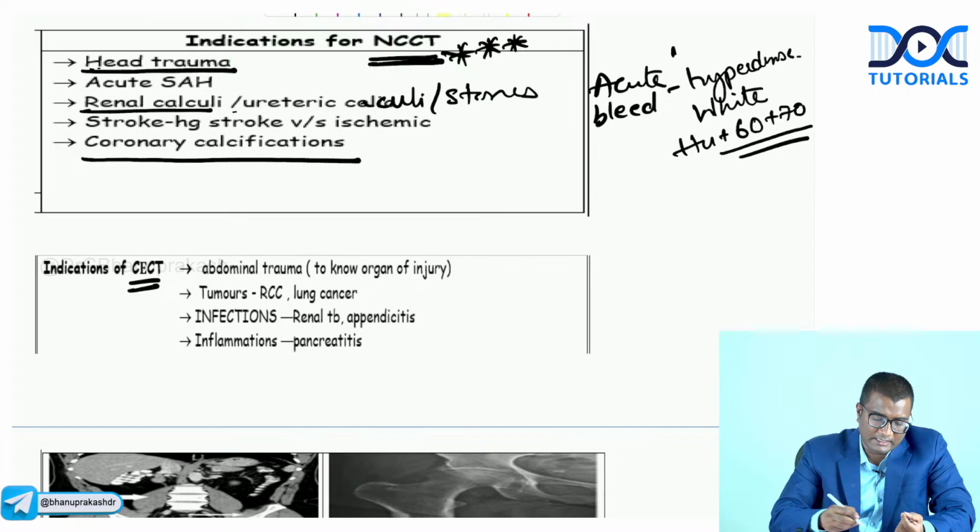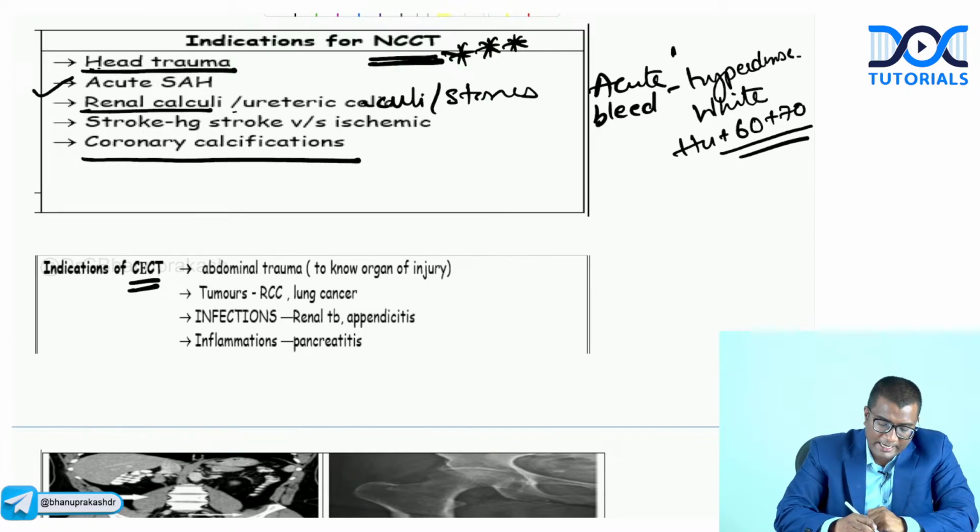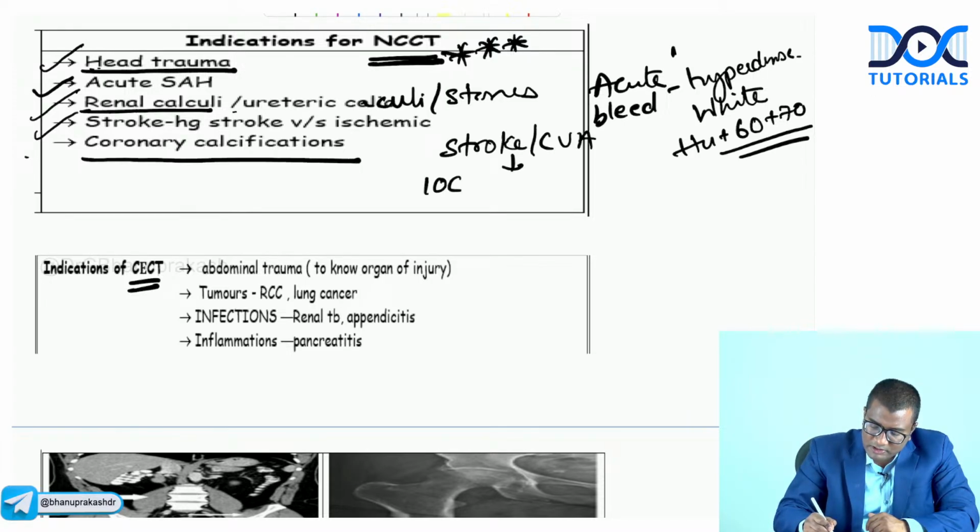So acute subarachnoid hemorrhage, acute bleeds are hyperdense; head trauma to look for all the types of bleeds; renal calculi; stroke patients. Remember, whenever you have a stroke or cerebrovascular accident, the investigation of choice is non-contrast CT. If it is hyperdense or white, it is hemorrhagic stroke.